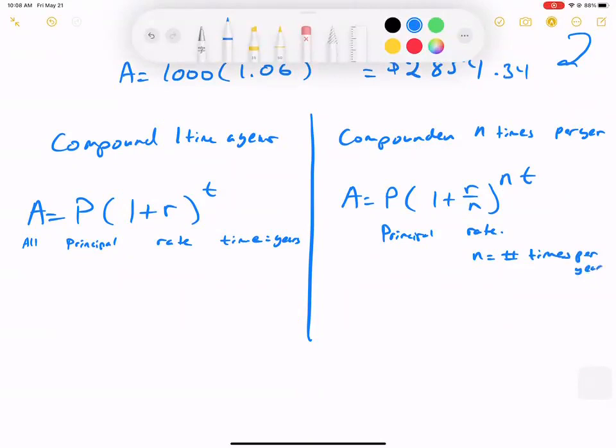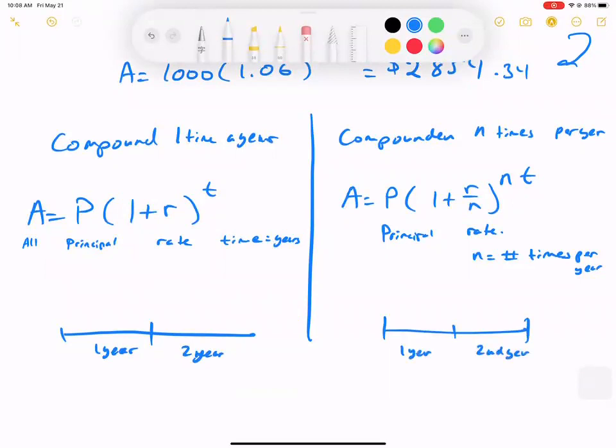At the end of 1 year, let me draw you a little graph here. Here's my first year, and second year. Let me draw you the same thing over here: 1 year, and then my second year. So the way this works is we have a starting value, P. That's our P value.